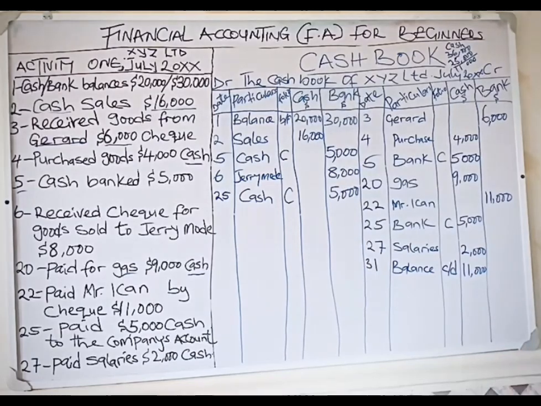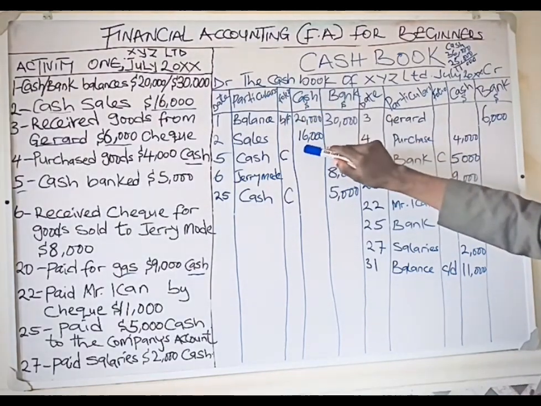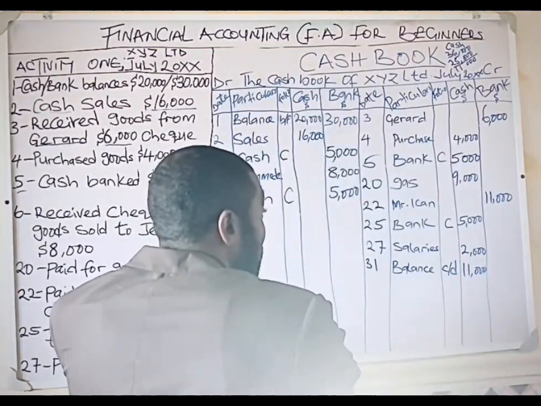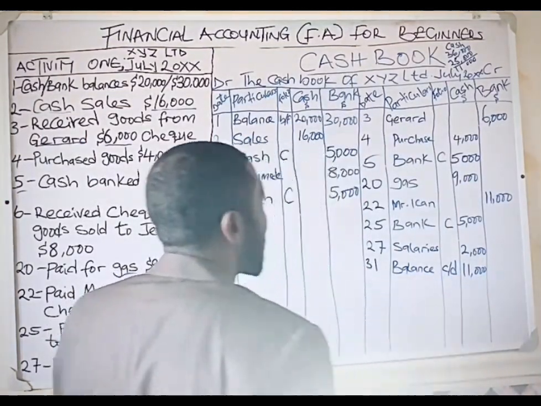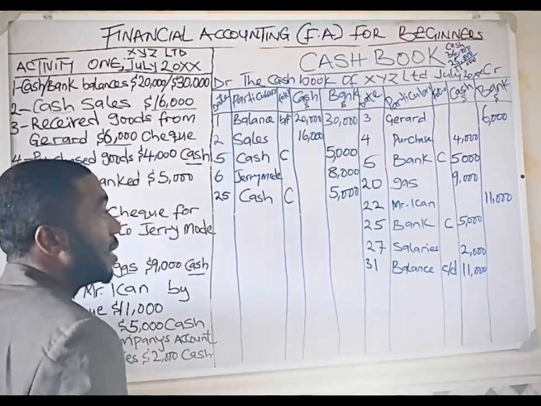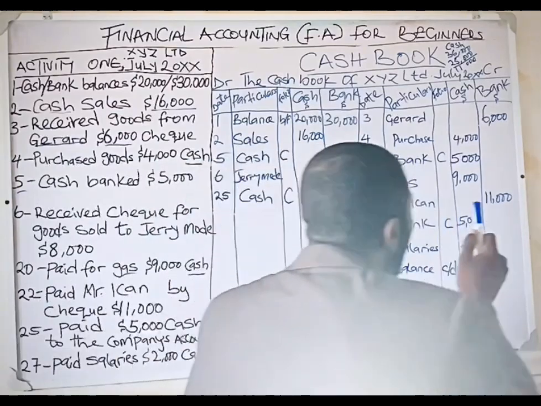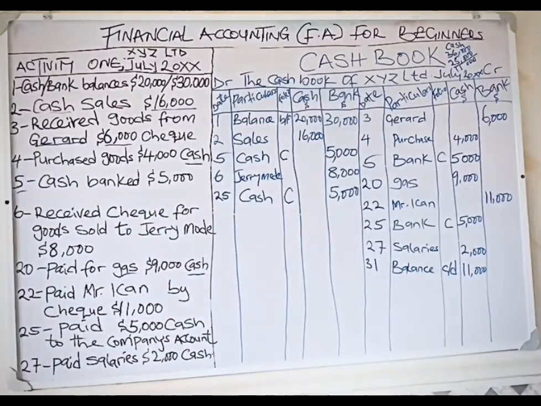Now, if you add it up, 4 plus 5, 9, 18, 23, 25, 36. 20 plus 16, 36. So you have balanced the cash column at the debit and the cash column at the credit. We are left with the bank column at the debit and the bank column at the credit.